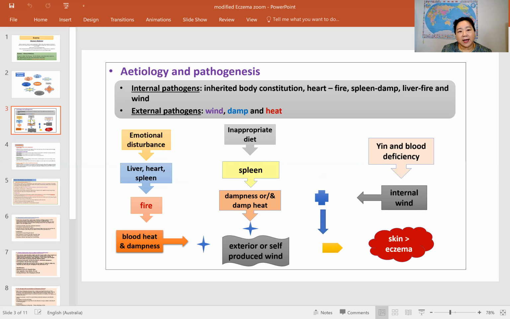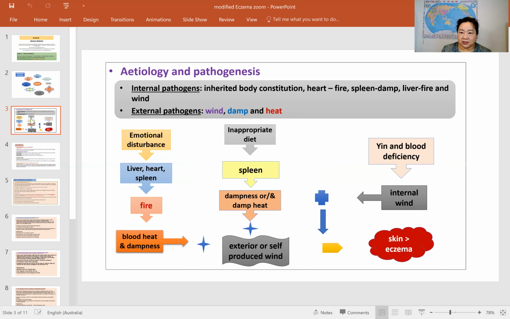Okay, now for eczema, emotional disturbance can affect the liver, heart, and spleen, and produce fire, heat, blood heat, or dampness. Or long-term inappropriate diet can affect the spleen and produce dampness and or damp heat.